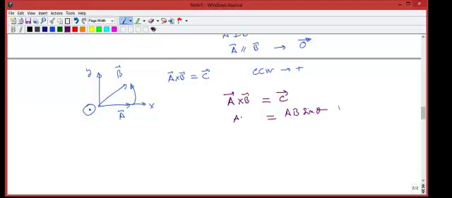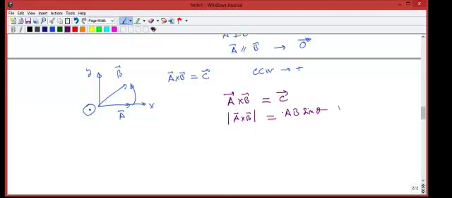The problem with this is we need to be careful because this is only true for the magnitude of the cross product. So first of all, it forces us to know the angle between both vector A and vector B, which is fine, but sometimes it's a little bit more work. Second, this result only gives us the magnitude, which means we still have to figure out the direction on top of it.